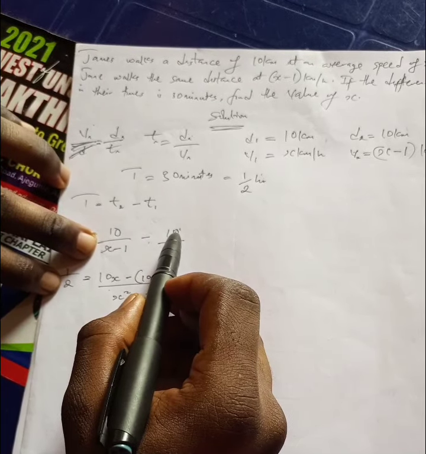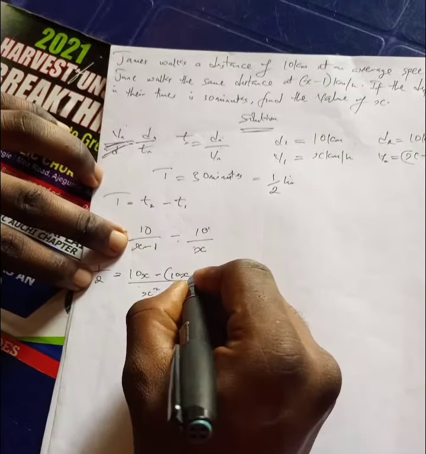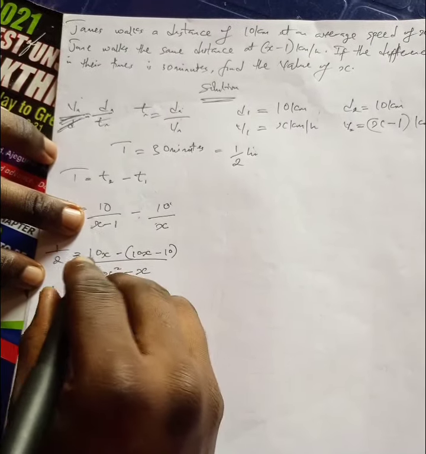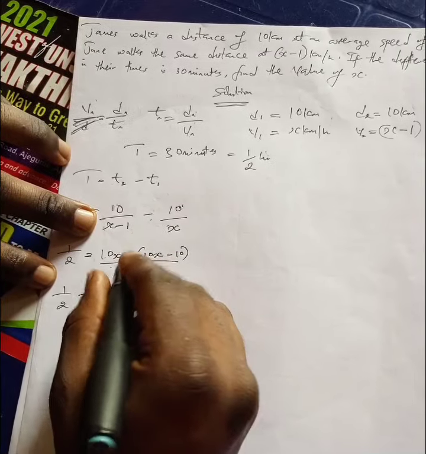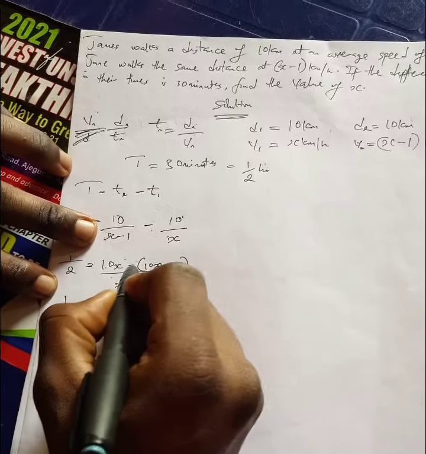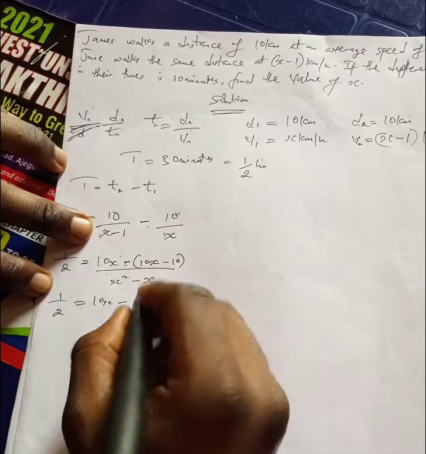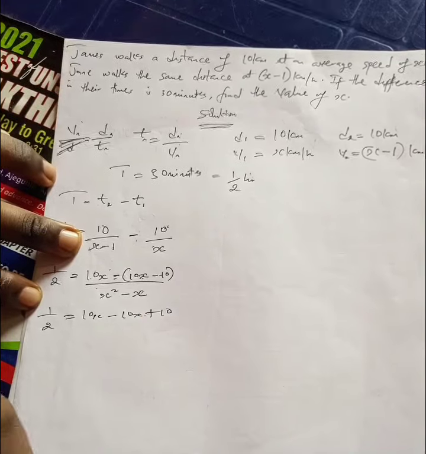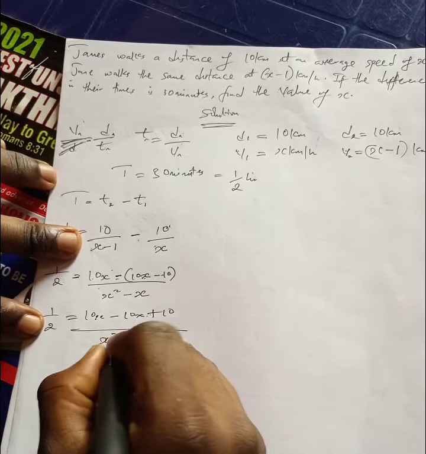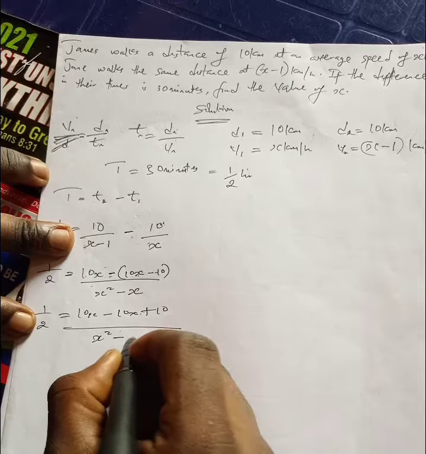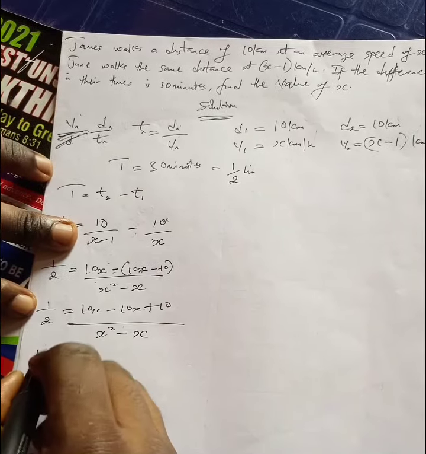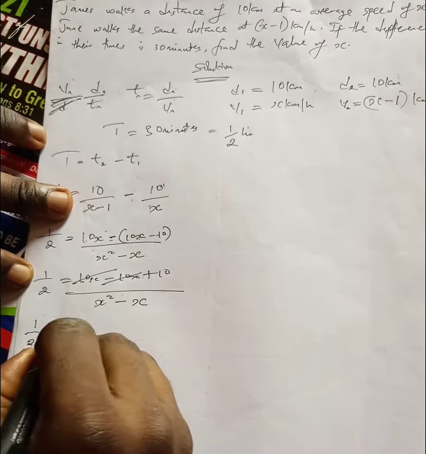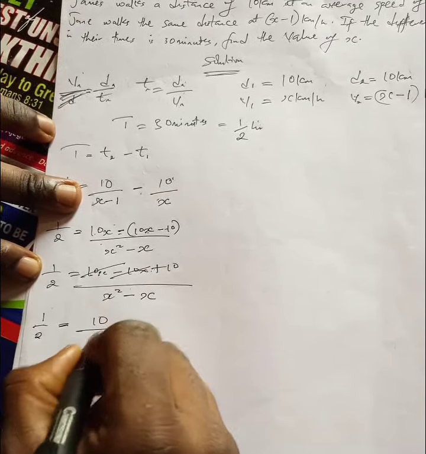Then 10 times negative 1, I will have negative 10. Be careful when you are using a negative sign. The negative opens the bracket, giving negative 10x, then a positive 10, over x squared minus x. And this 10x minus 10x cancels out, so the equation remains this.